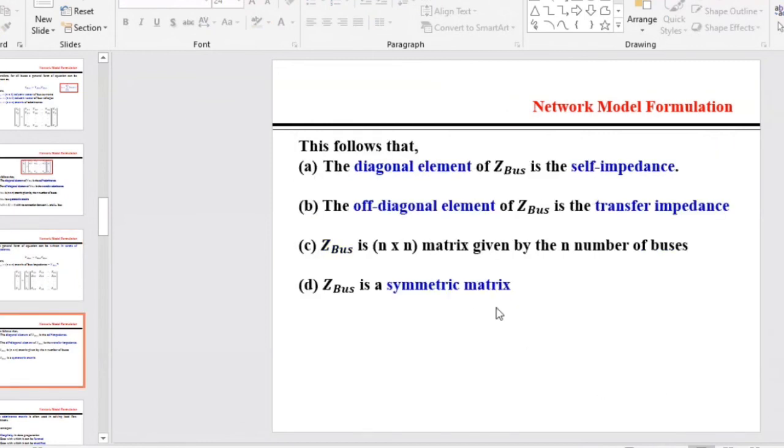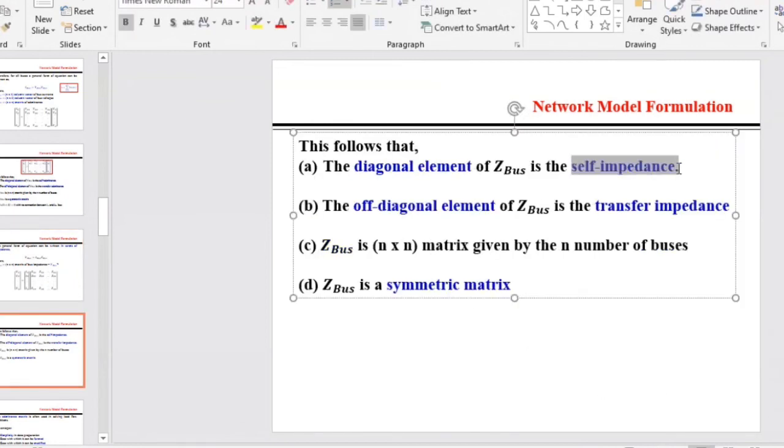It also has its own properties. It was self admittance for the Y bus matrix, and for the Z bus matrix it will be self impedance, and it will be the transfer impedance between two buses because it's sitting at the off-diagonal locations. It will also be an n by n matrix, and this is also a symmetric matrix.